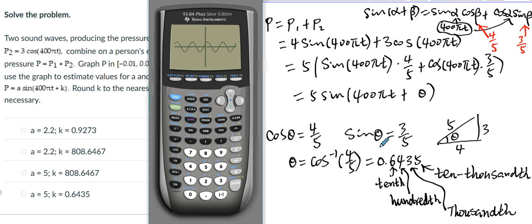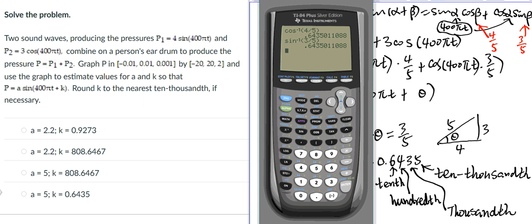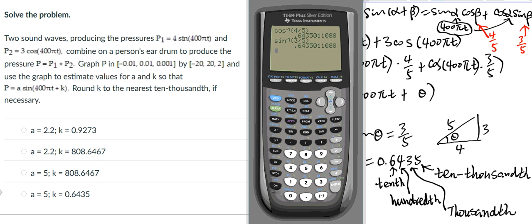You may use sine inverse of 3 over 5, but that's fine. You'll get the same angle. Okay, so that's it, and I'll see you next time.